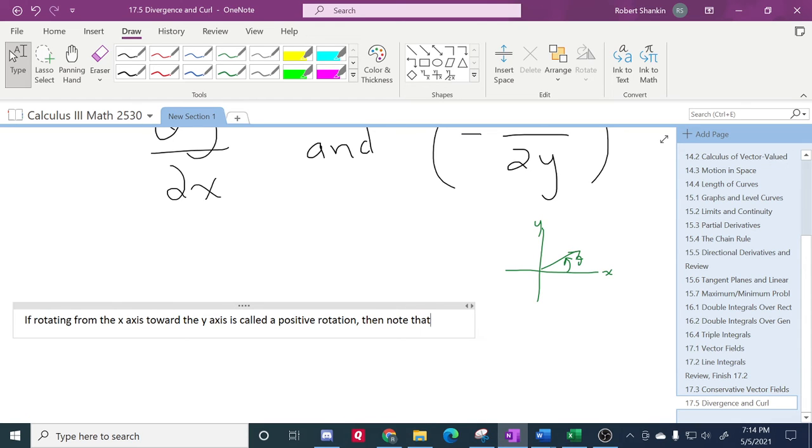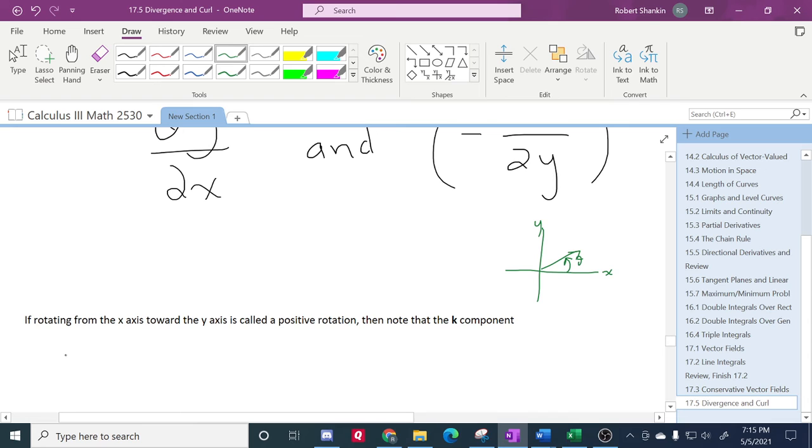Then note that the k component, let's bold that, the k component of curl of F. Now curl of F has some parallels to the cross product.